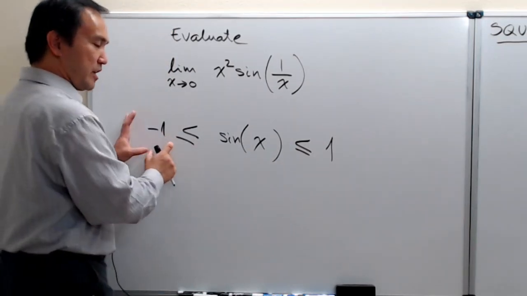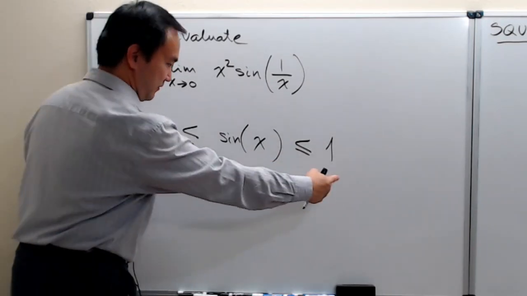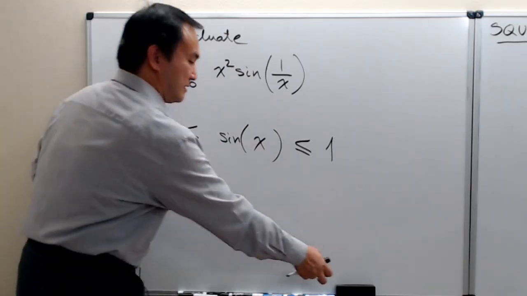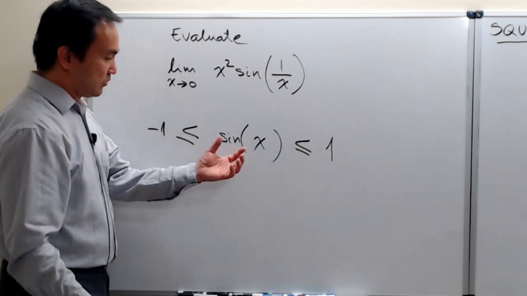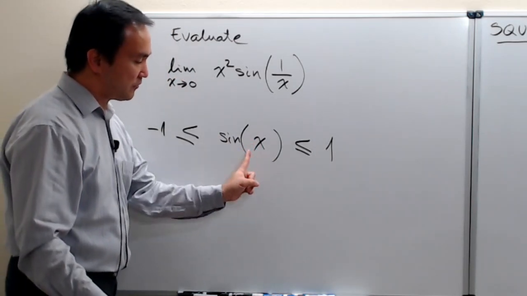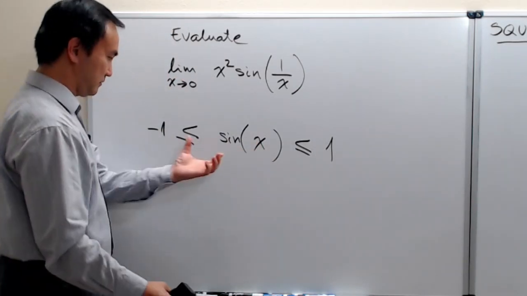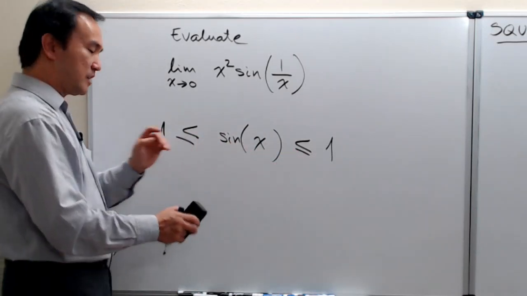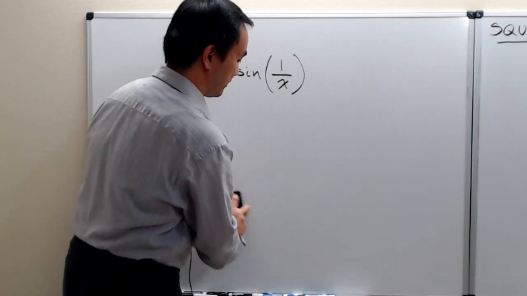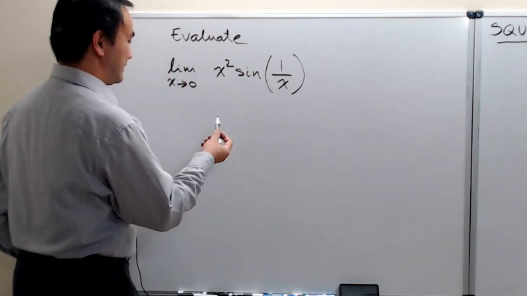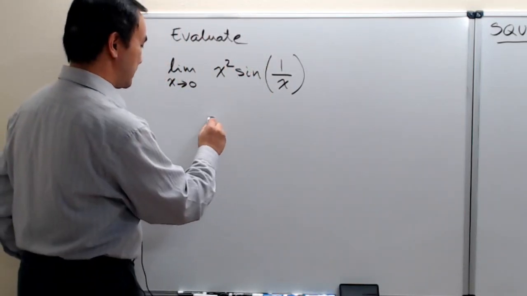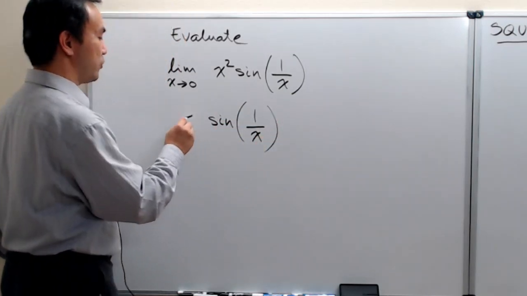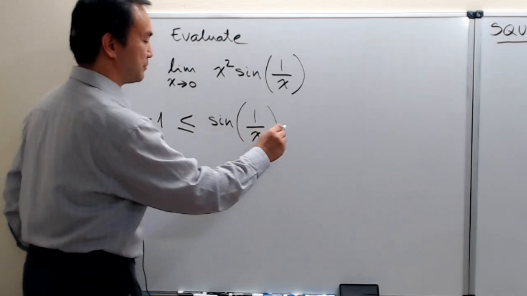So this is a very well-known bound of our famous trig function, sine of x. The point further is that regardless of whichever value of x, the sine of x is always in between this bound. So we can apply this understanding to our particular function here. No matter what the x value is, sine of 1 over x will for sure be anywhere inside of that famous bound again.